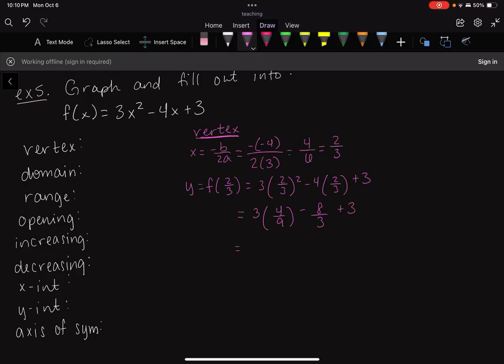Oh, this one's not as bad. 3/9 simplifies to 1/3 here, minus 8/3, plus that 3 I can make into 9/3. 4/3 minus 8/3 would be negative 4/3 plus 9/3. So I get 5/3. So for my vertex, I get (2/3, 5/3).